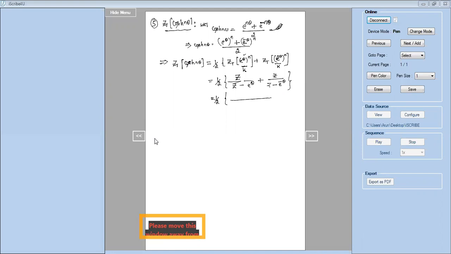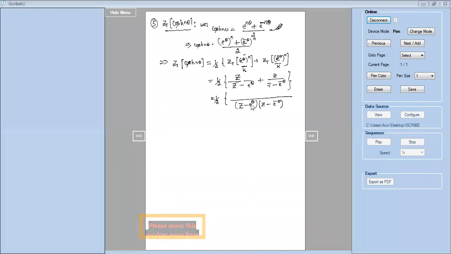So the LCM is z minus e^θ into z minus e^(-θ). So in the numerator, you get z into this.